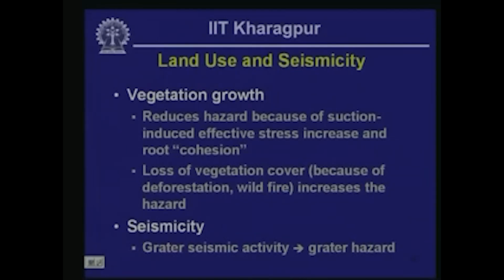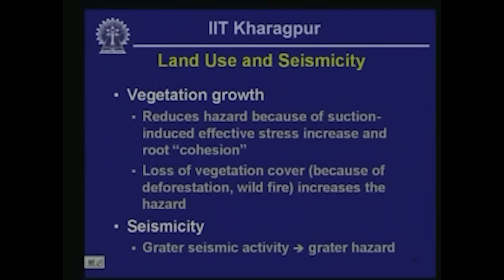And as you know from the discussion that we had on effective stress, because of suction the effective stress is going to increase, and because of the increase in effective stress you are going to get an increase in the shear strength within frictional material. This aspect is also supplemented by root cohesion that we have already looked at.